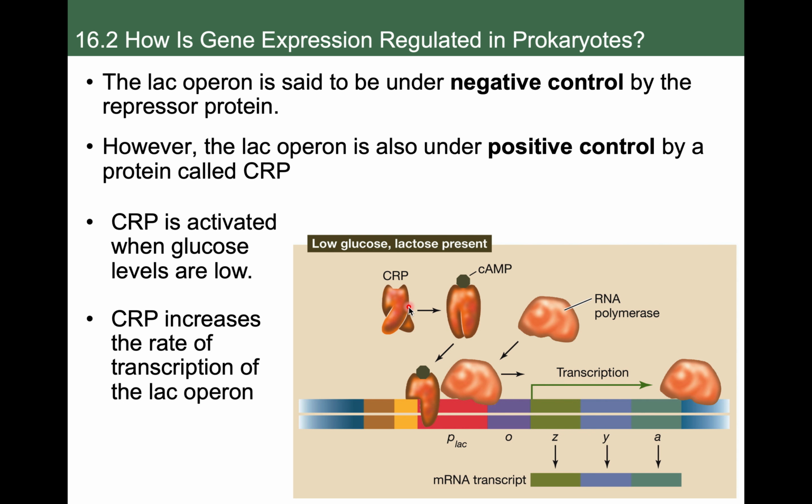So the lac operon was under some negative control by that repressor, but we're seeing here it's also under positive control by this CRP. And so basically the CRP only gets activated when glucose levels are really low, lactose is high, then this protein will bind to the promoter and kind of supercharge the RNA polymerase. So it can basically make the most of the lactose that is present.